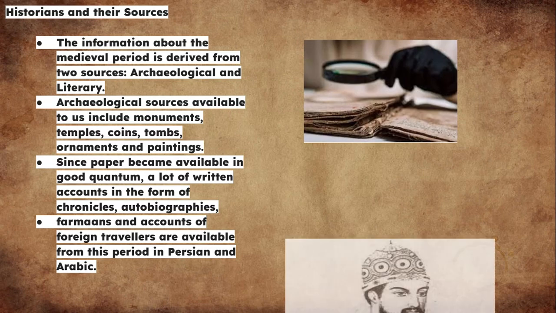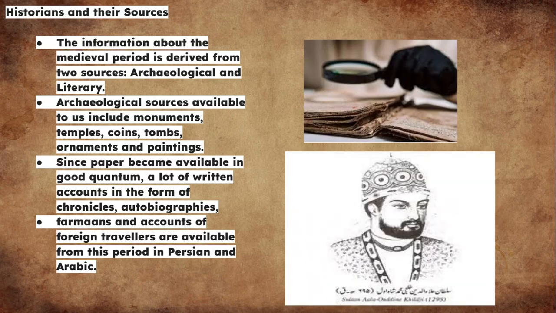Now, historians and their sources. The information about the medieval period is derived from two sources: archaeological and literary. Archaeological sources available to us include monuments, temples, coins, tombs, ornaments, and paintings.